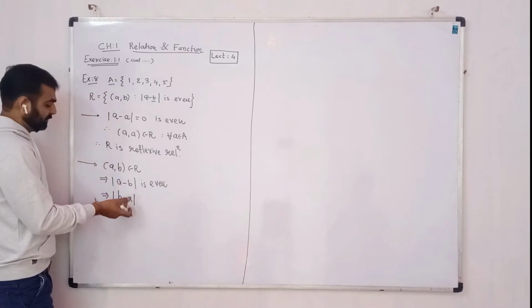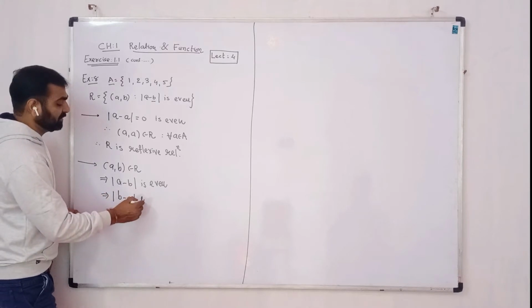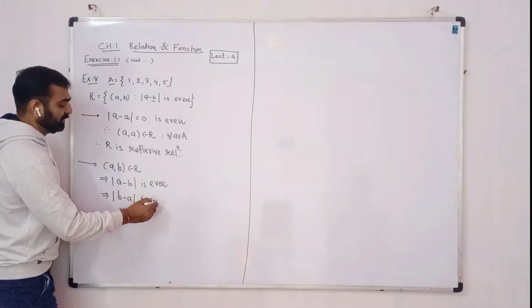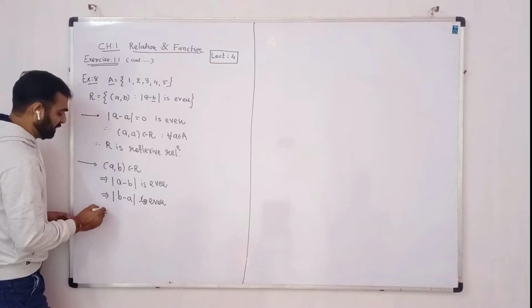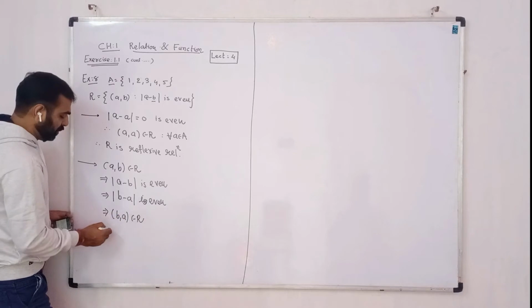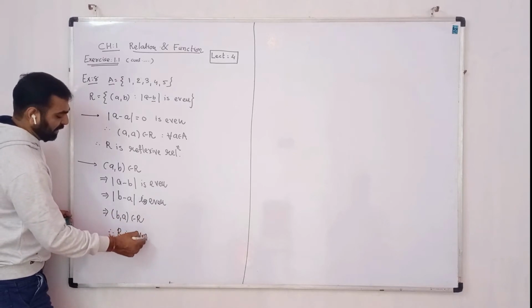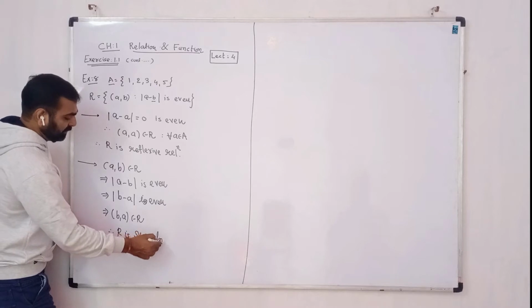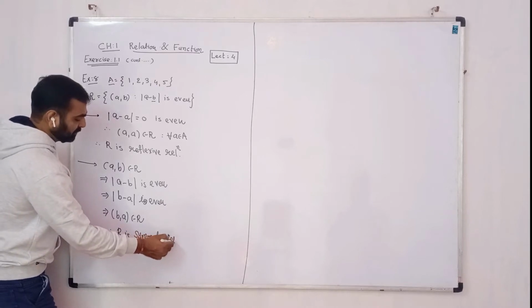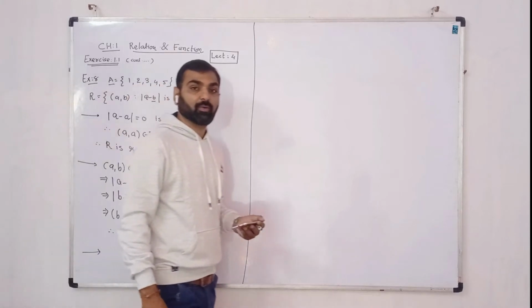Since it is a modulus, the minus sign goes out and nothing changes, so it is even. So we can say that (b, a) belongs to R. Therefore R is a symmetric relation.